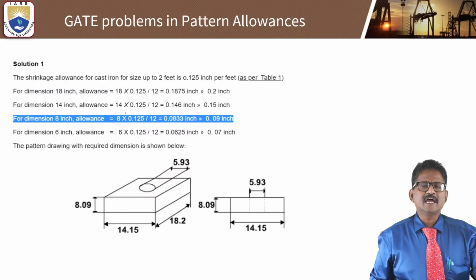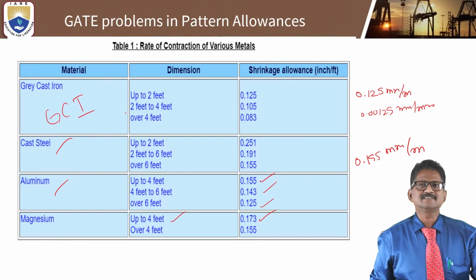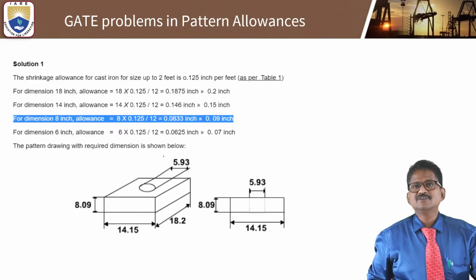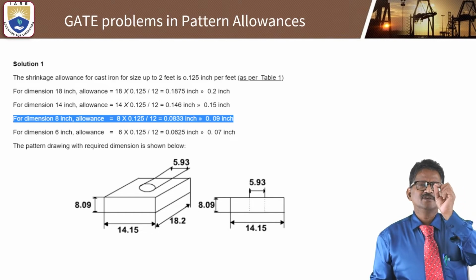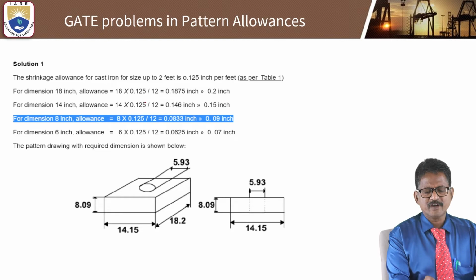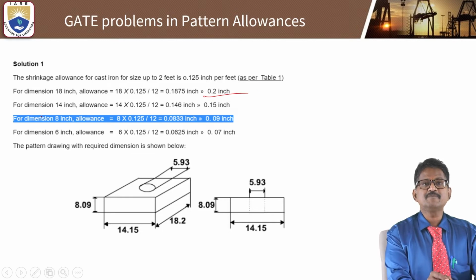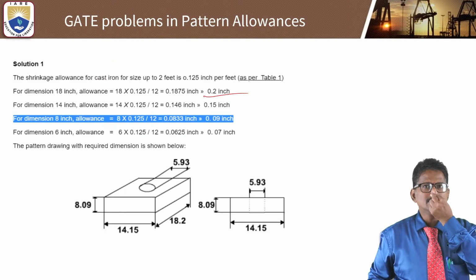Similarly, for the dimension of 18 inches, the length is 18 inches. You calculate 18 into 0.125 divided by 12, which gives 0.1875. When we round it up, 0.2 inch. And for the dimension 14 inch, how do you calculate?